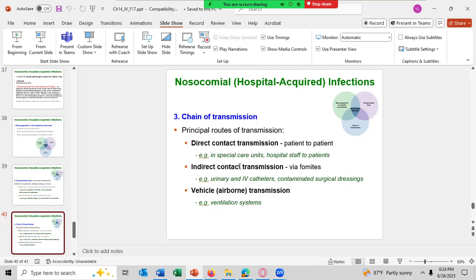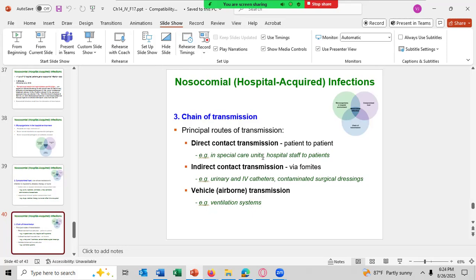In special care units, the hospital staff and visitors can also bring the nosocomial infective agent to the patient. In special care units, hospital staff really try to keep patients isolated and then take precautions to prevent them from transmitting a nosocomial infective agent to the patient.